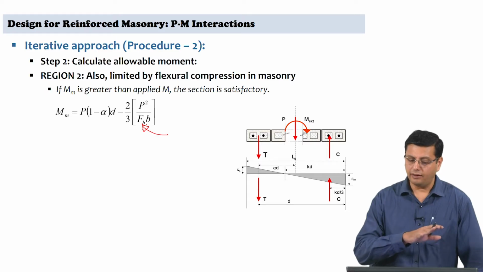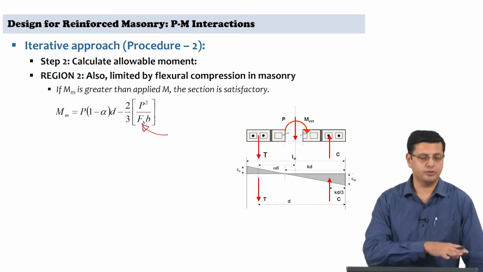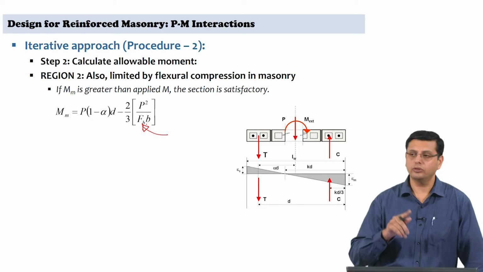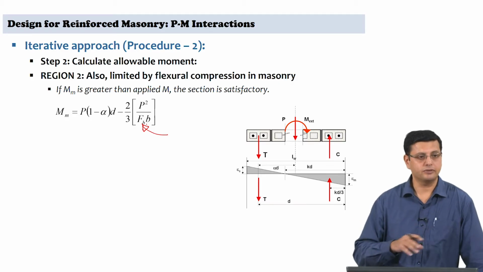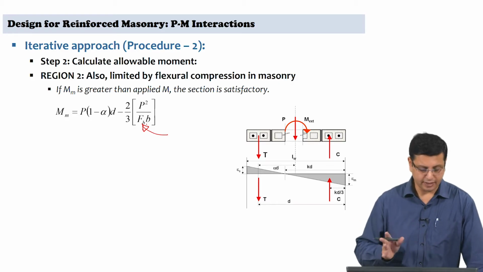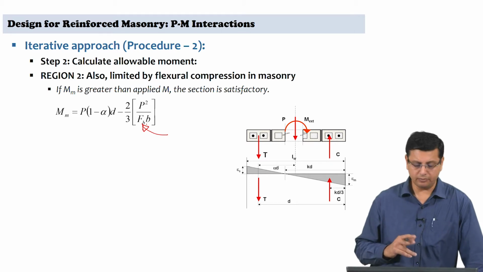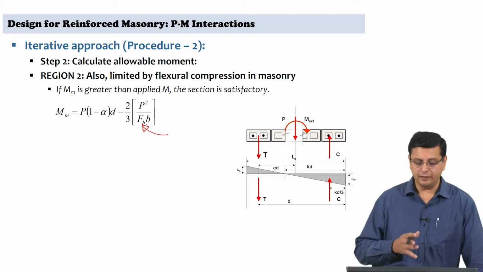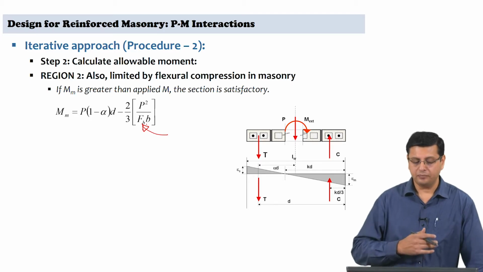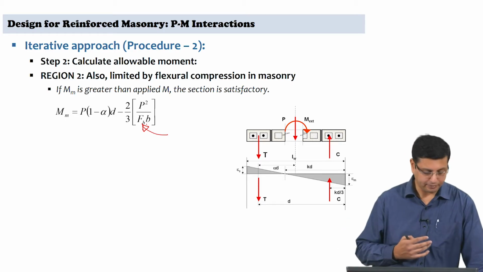By the way, this procedure and the previous procedure that we talked about is valid for both in plane and out of plane design. So, these are procedures that can be used for design checks or design calculations, both in case of in plane bending and out of plane bending.